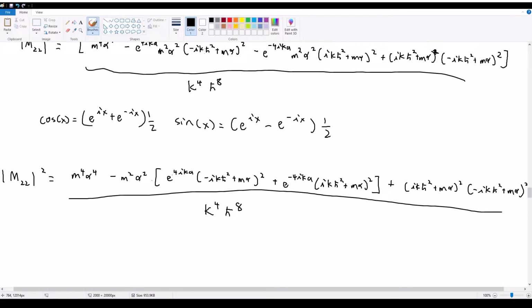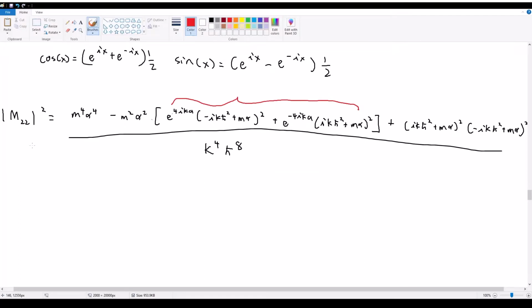So I'm going to solve for this inner term first. I'm going to do this in red. So let's see, this is going to be e to the 4ika times, what is this going to give me? Two negatives make a positive, but two i's make a negative.